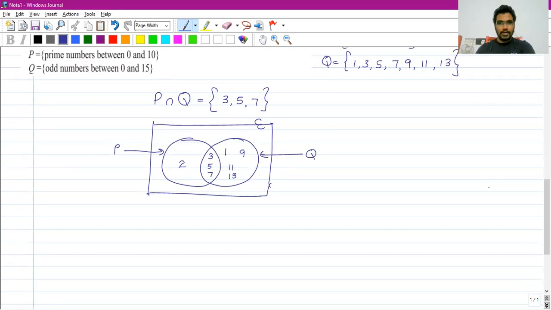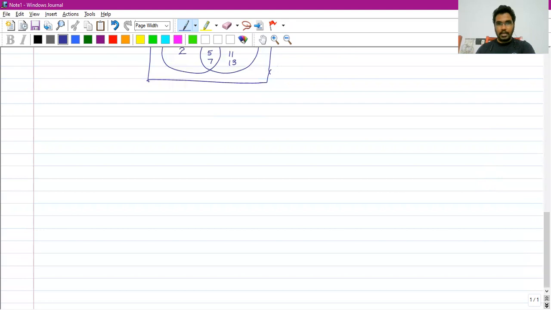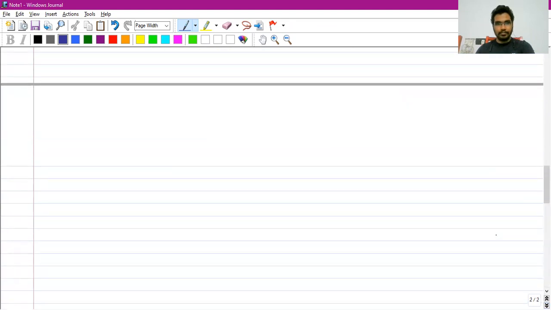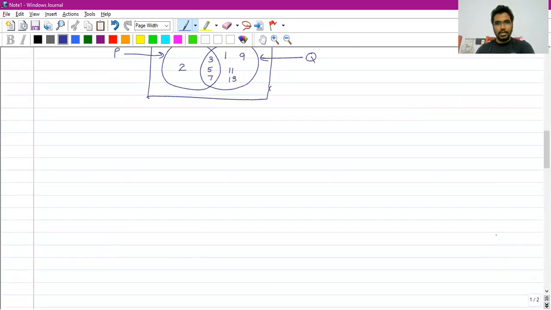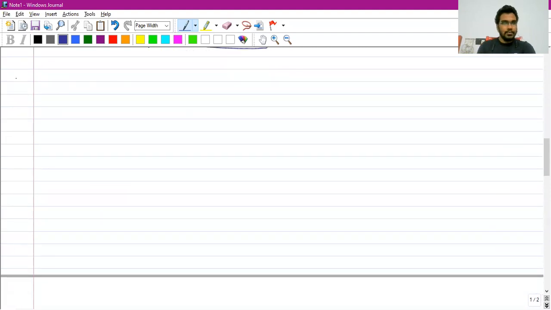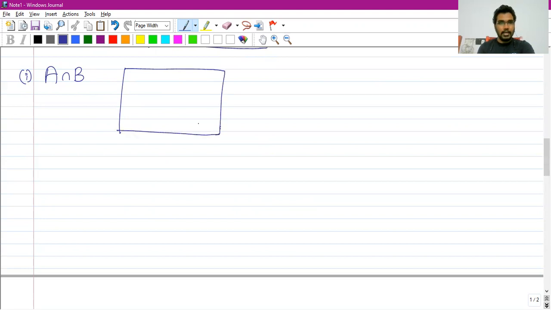So first instance, we can take it like this. We can denote it in the Venn diagram. So first instance, so I'm taking 2 sets A and B. So we can denote, as we have done previously, A intersection B. If this is the instance, we can simply show it in the Venn diagram like this.